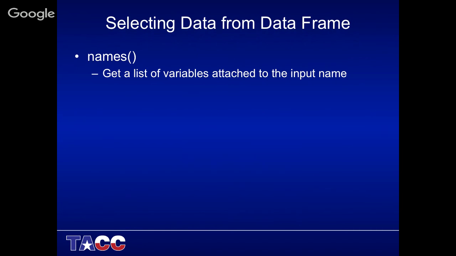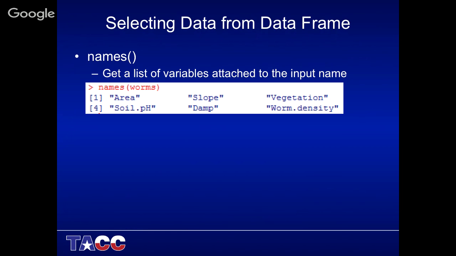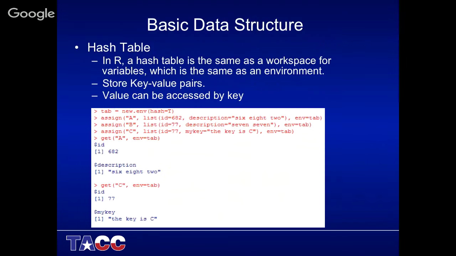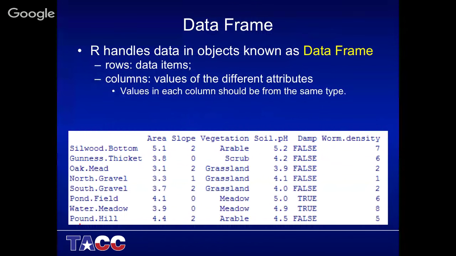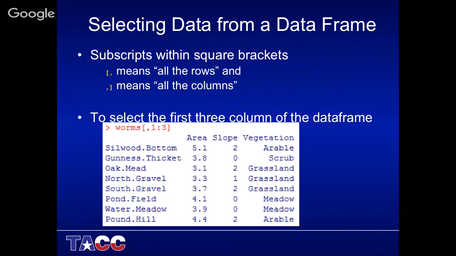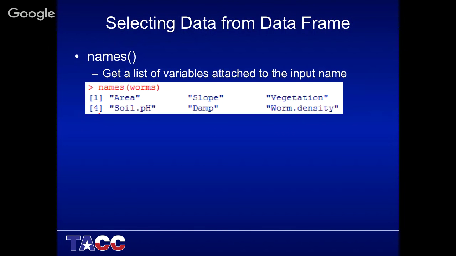So yeah, if I wanted a list of all the column names, I think there's a names call that you can use. Like that. So names on worms gives us all the column names in a list of strings.